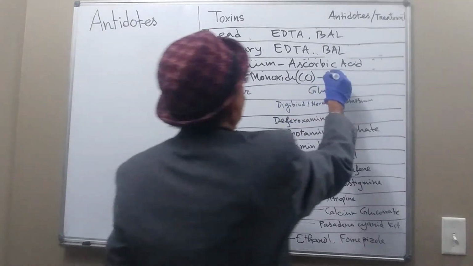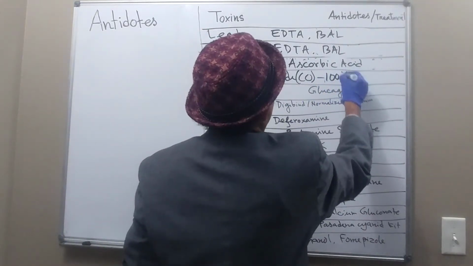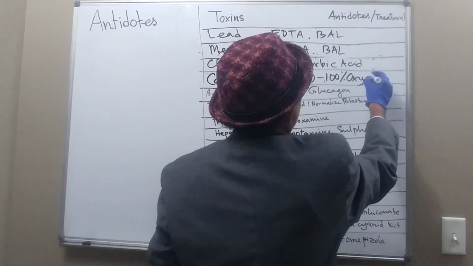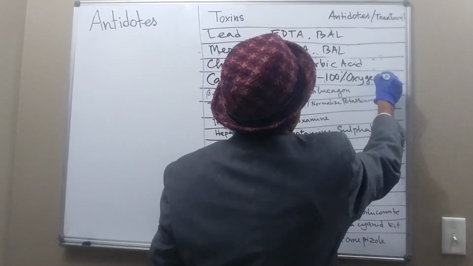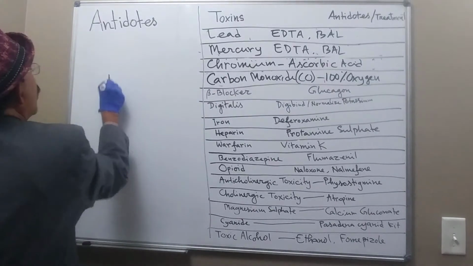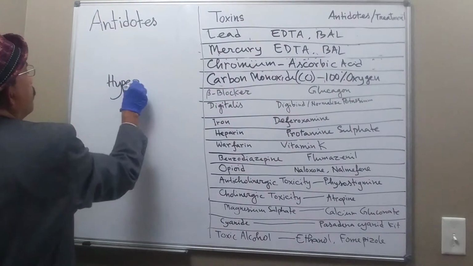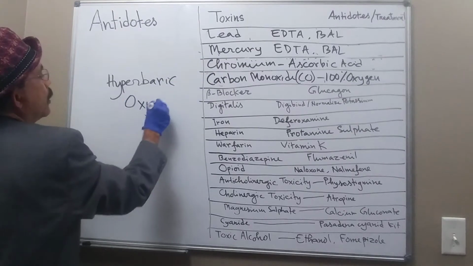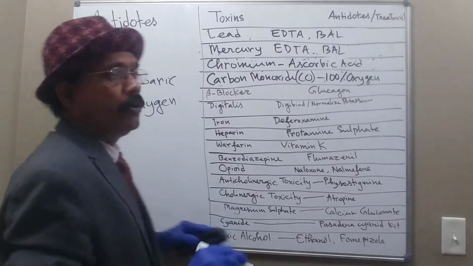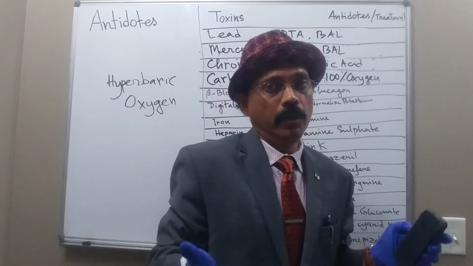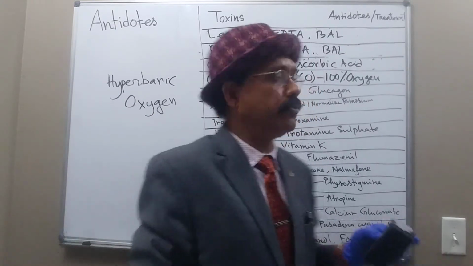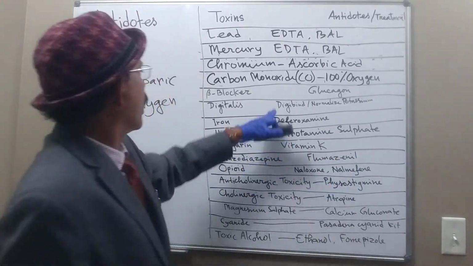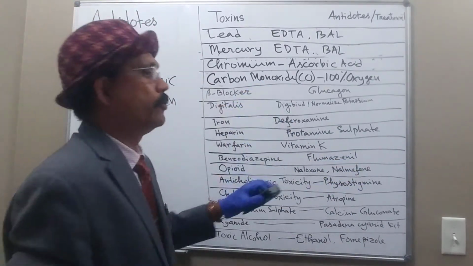The antidote should be 100% oxygen, or better, hyperbaric oxygen. Unfortunately, it is not available everywhere. We have no hyperbaric chamber in all the small cities. So 100% oxygen may work properly for carbon monoxide poisoning.